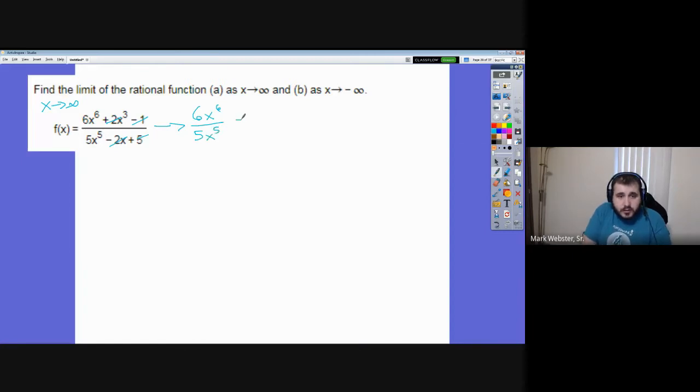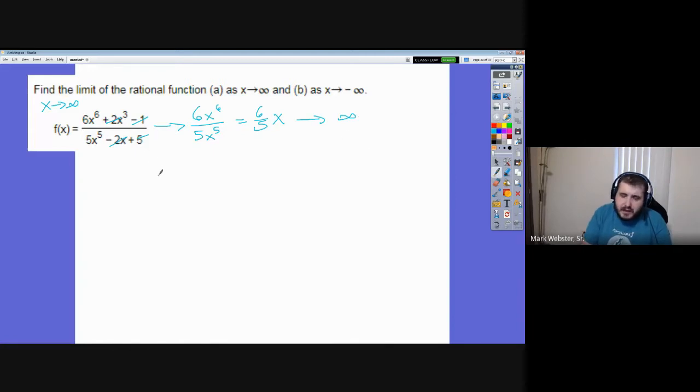And we're going to simplify our fraction. We get that. Now, as x gets bigger, does this stay the same or does that go to 0? No. This actually goes to infinity.